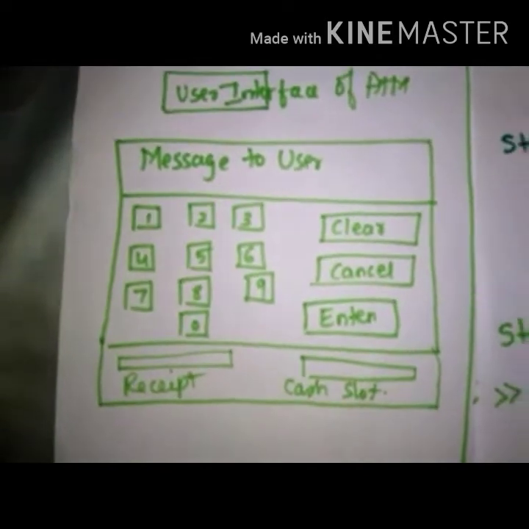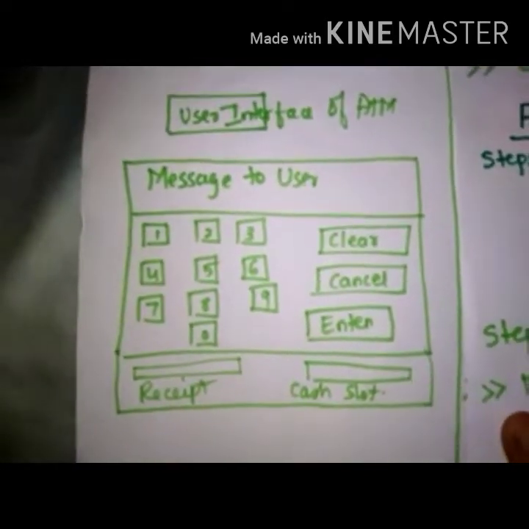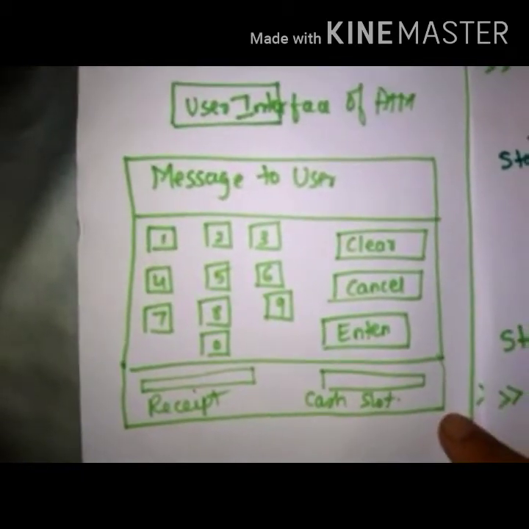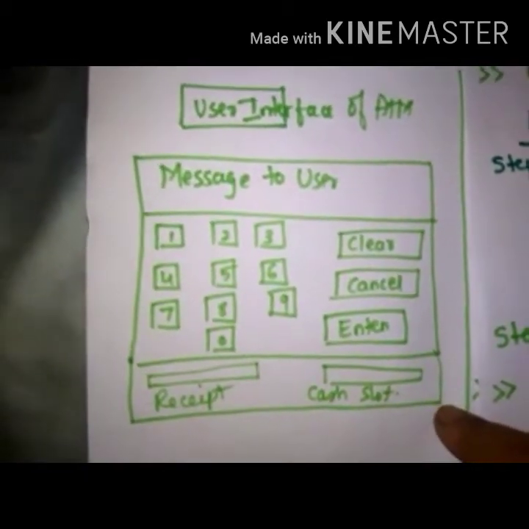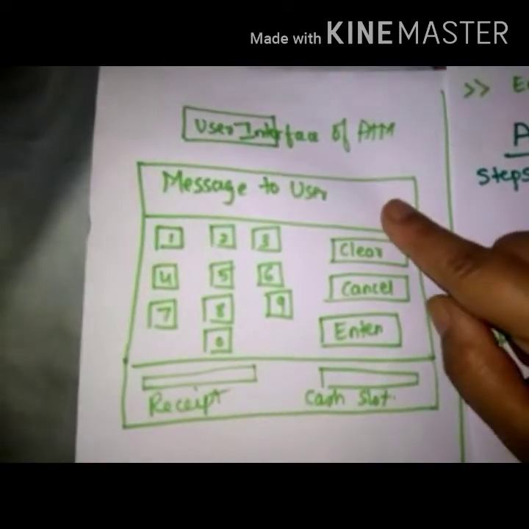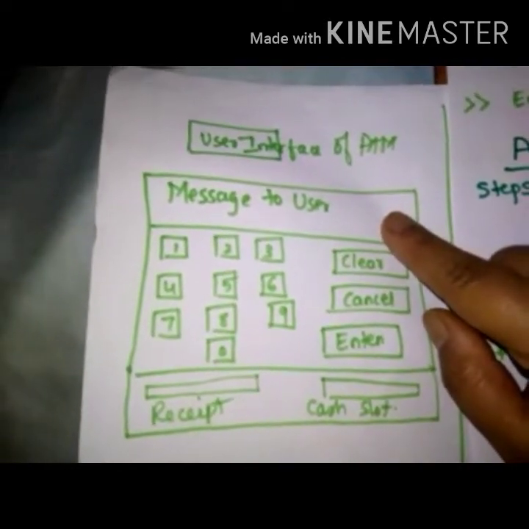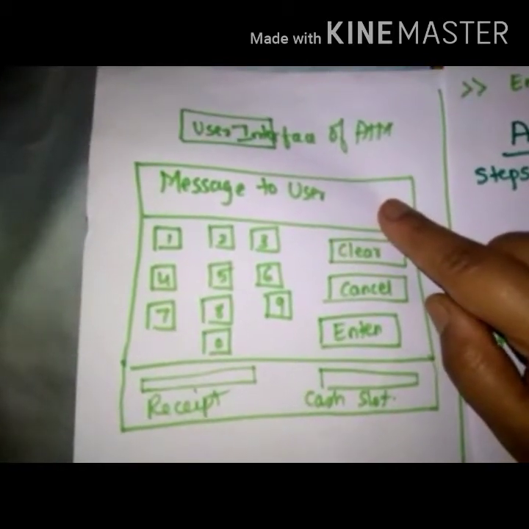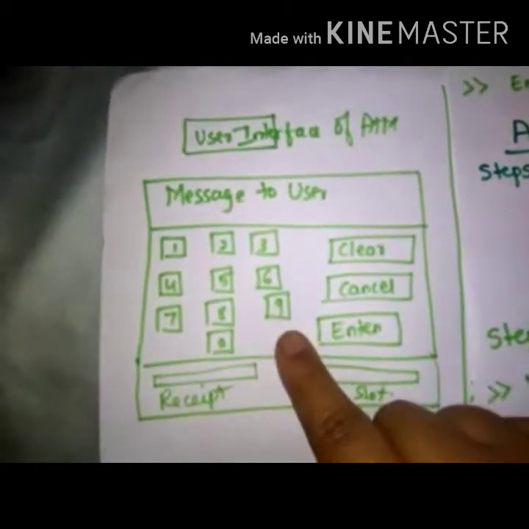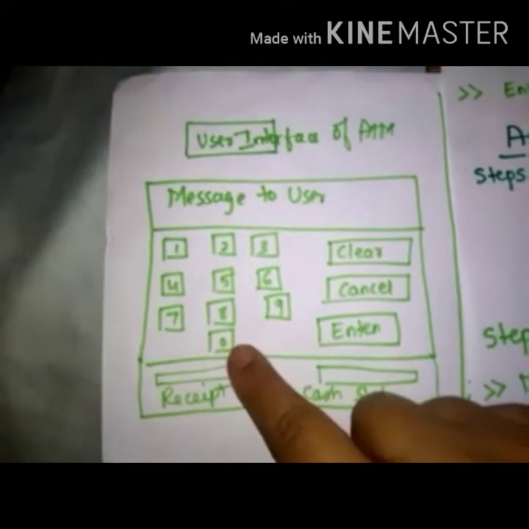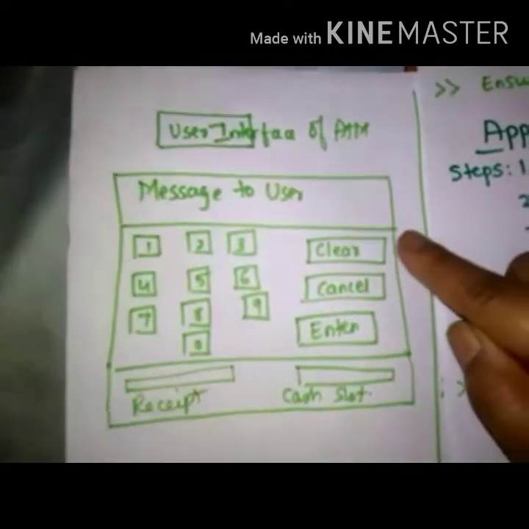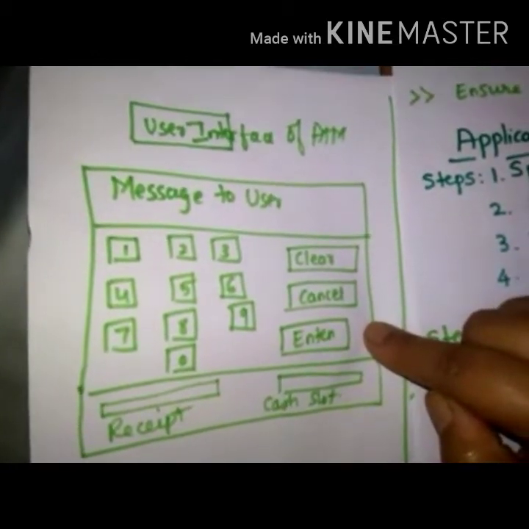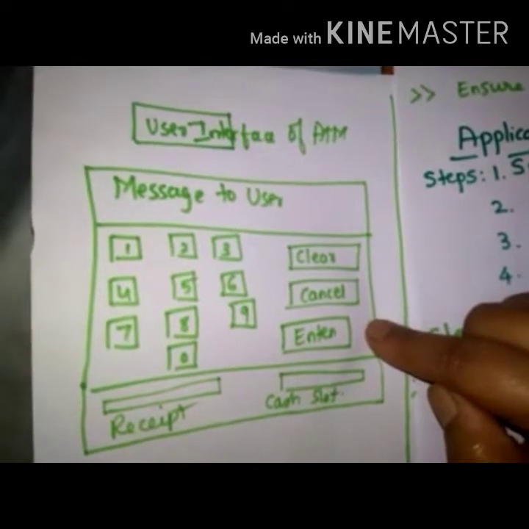So the user interface of an ATM machine will look like this. Whenever we visit the ATMs, we have seen a particular screen in which a message will be seen by the user. Either it is a welcome message or it will be asking in which step you are. Later on in the user interface, you have buttons to press the numbers 0 to 9, and you have some buttons which will help you in operating the different transactions you want to do.